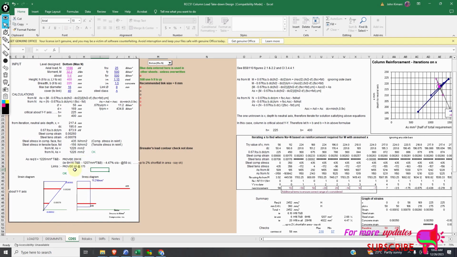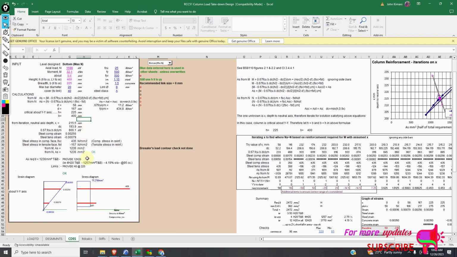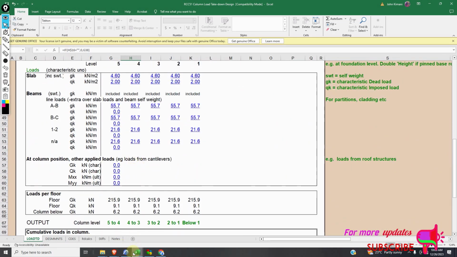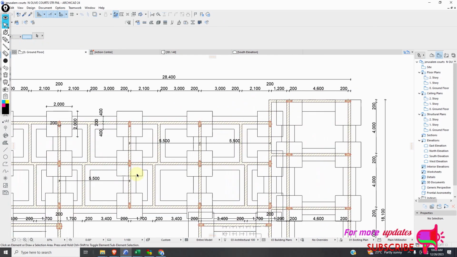So it says 2016. So let's increase this one to 20. It's 20. So let's see. Let's go back to the load takedown.